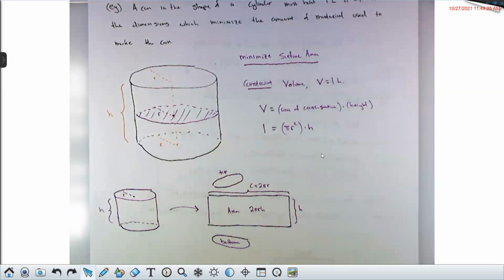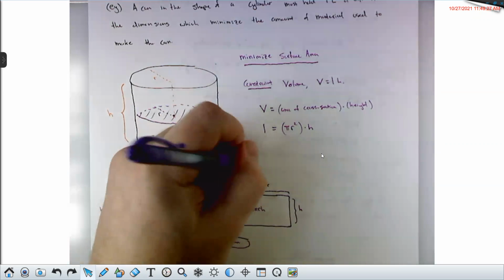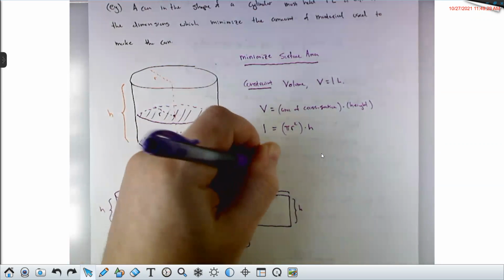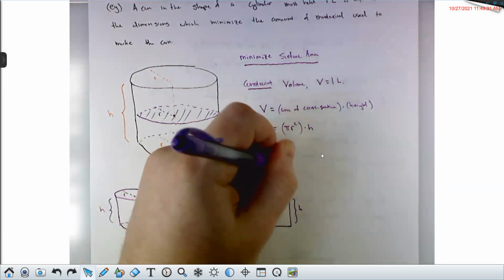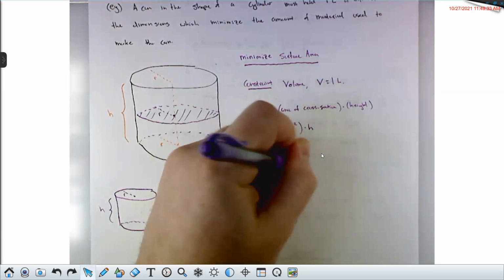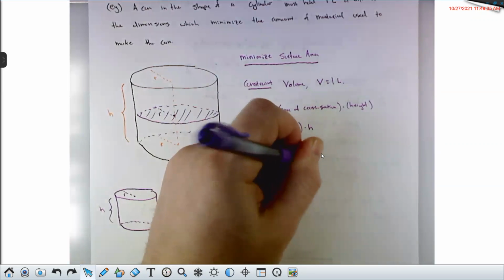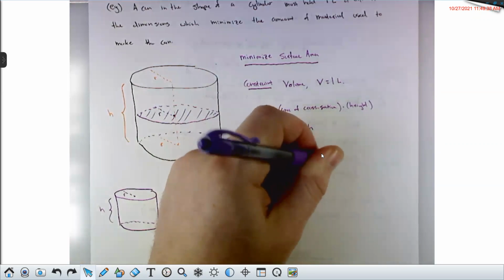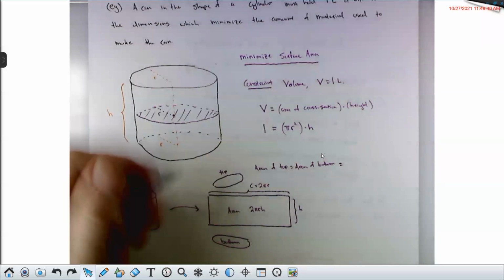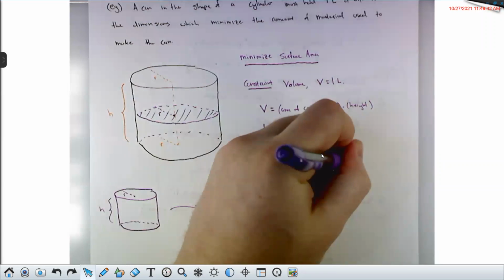And the area of the top and the bottom, those are the same. They're both circles. They're both pi r squared.